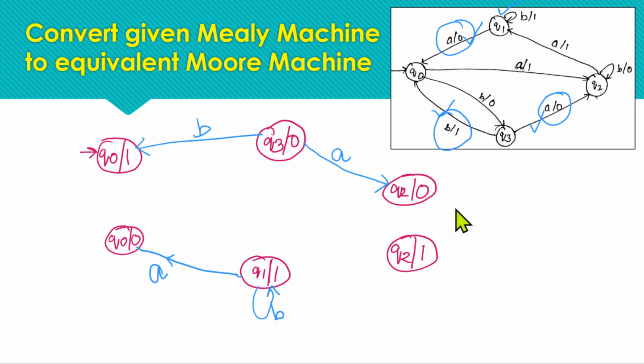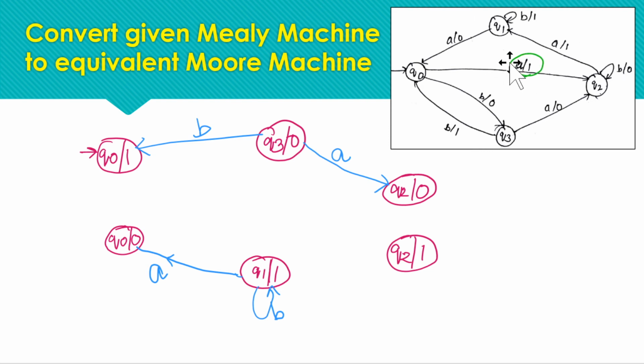Next we have to work with the transitions of Q0 and Q2, and as we have two states corresponding to Q0 and Q2, so likewise we have to draw two transitions for each transition of Q0 and also corresponding to Q2, right? So starting with the Q0 first. So from Q0 we are having this outgoing.